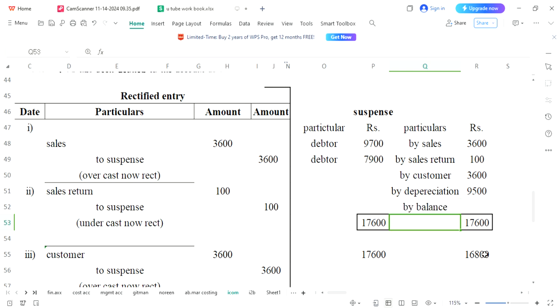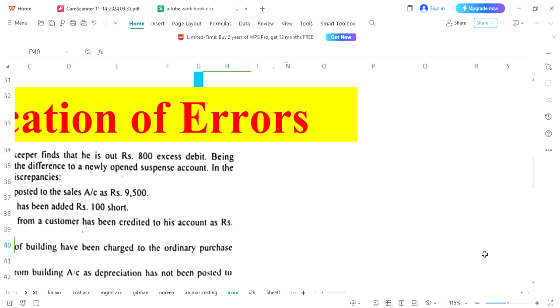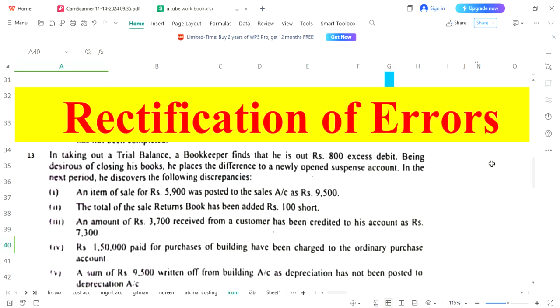At this stage, I would like to show you the question as it is. Look at here. In taking out the trial balance, a bookkeeper finds that he is out by 800. Excess debit. That means debit is more than credit. 800 was the amount.